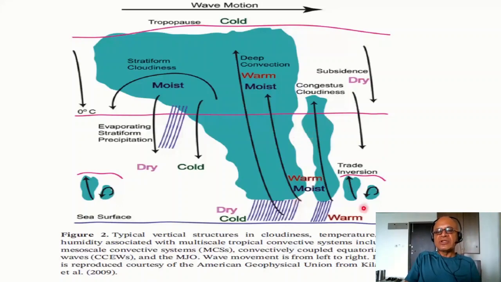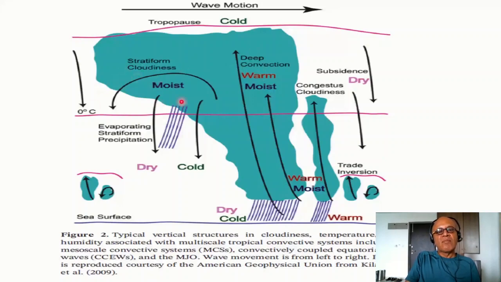So in general, you have wind anomalies and trade inversions associated with the MJO-driven circulation, so subsidence ahead and behind the main convective phase, where you have very warm moist air rising with deep convection and an extensive stratiform cloudiness behind it.